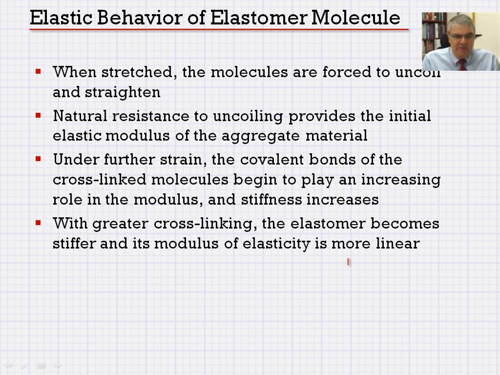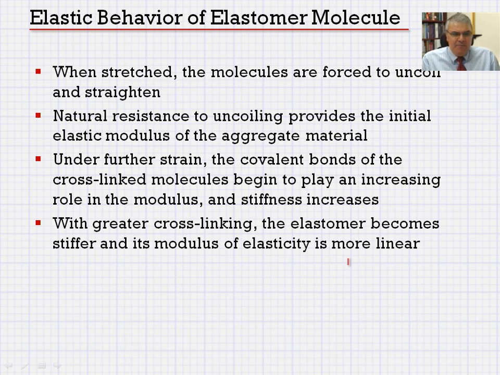As we pull this more, we get over that initial resistance. There will also be more forces, and it becomes stiffer, because from that point on we try to break the covalent bonds of those cross-linked molecules that we discussed previously.